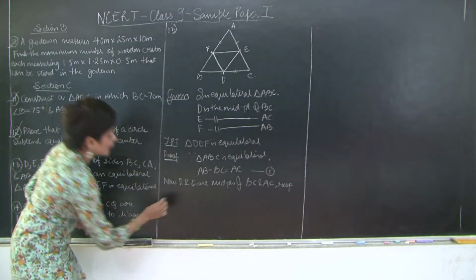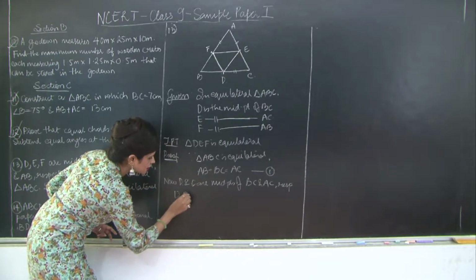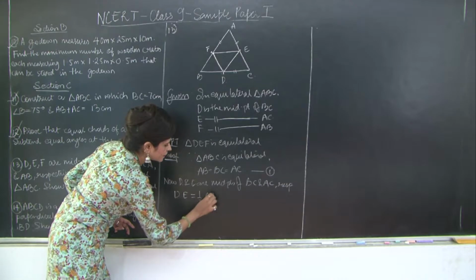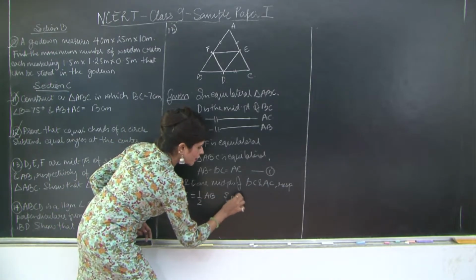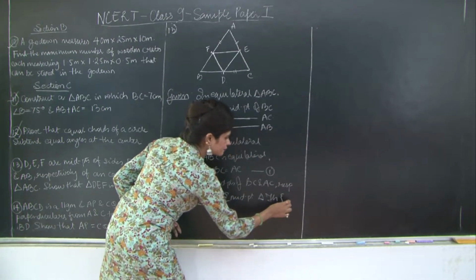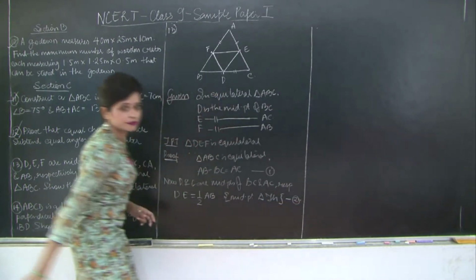Therefore, what do I have? DE is half of AB and I will say midpoint triangle theorem. I will mark this as 2.